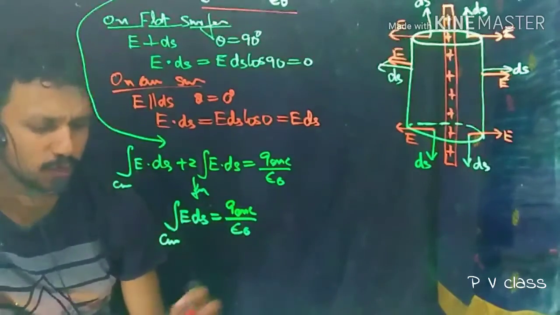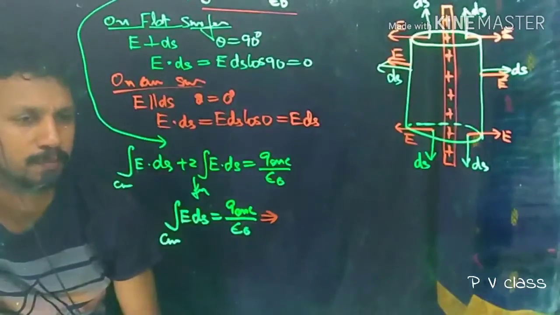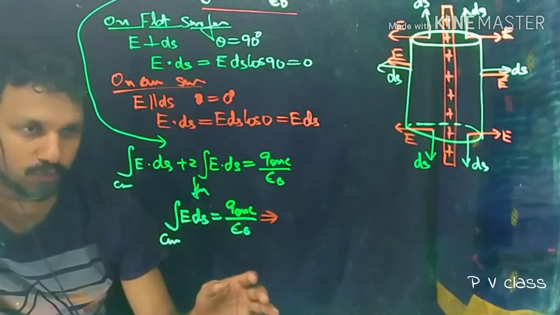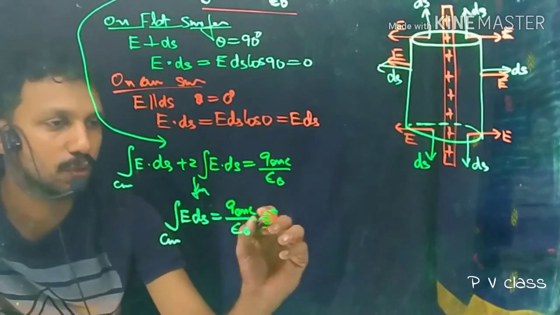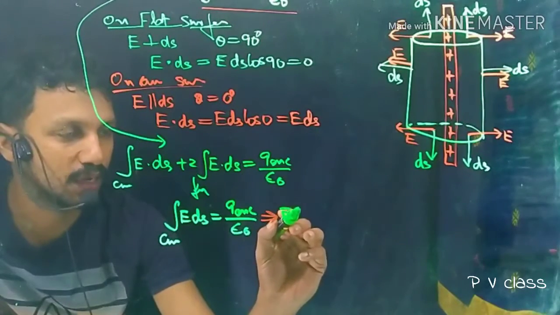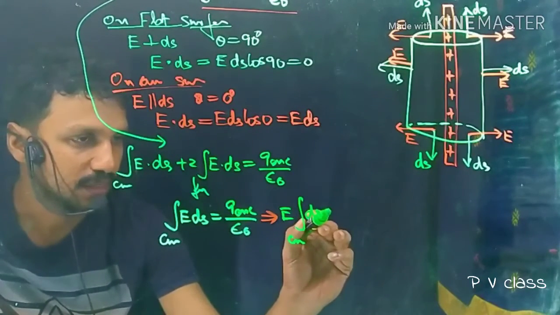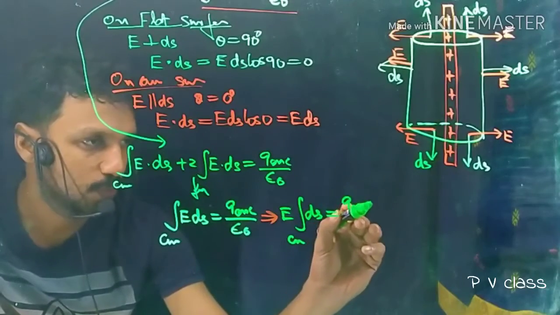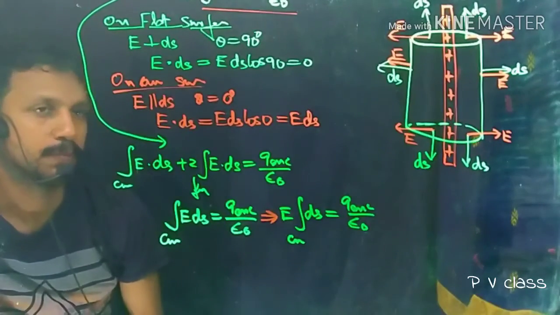Therefore, I could write, in this case, E is constant. We don't know the value of E, but E is constant. If E is constant, I could take that E out of the integration. E integral curved ds, that is equal to q enclosed by epsilon 0. I could write the equation like this.